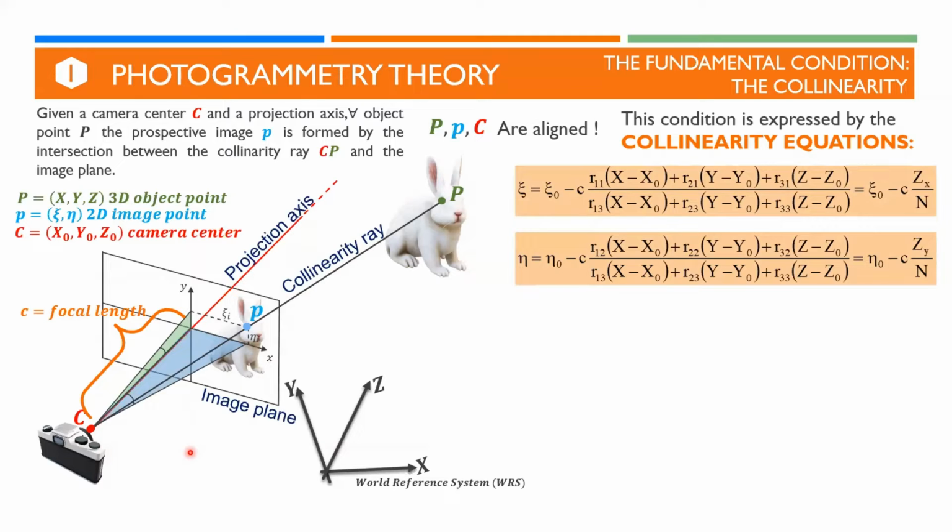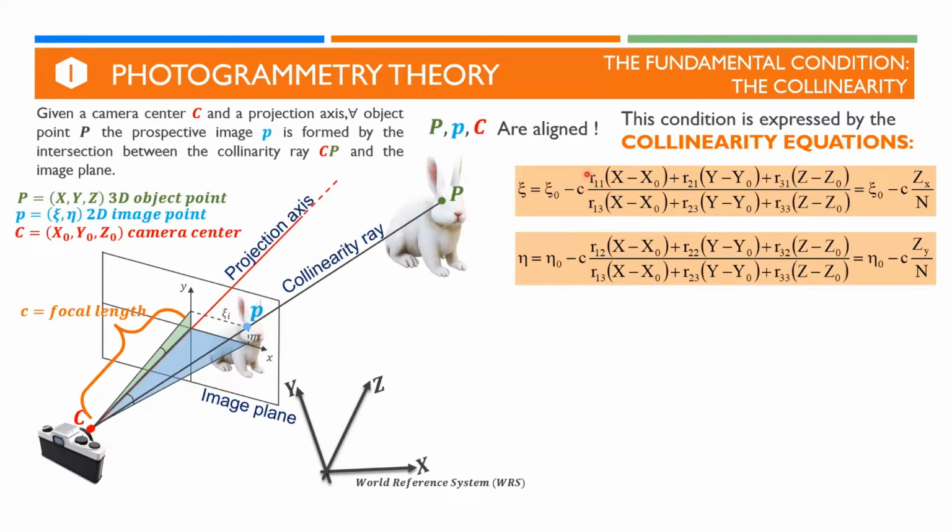So don't worry, I will not go really through this equation, but it is just to let you understand that this is really the core of the photogrammetry. And what we have here in this equation, we have different elements. So we have X, Y, and Z, as you can see here, that are the real coordinates, the coordinates in the real world. Then we have xi and eta, which are the image coordinates.